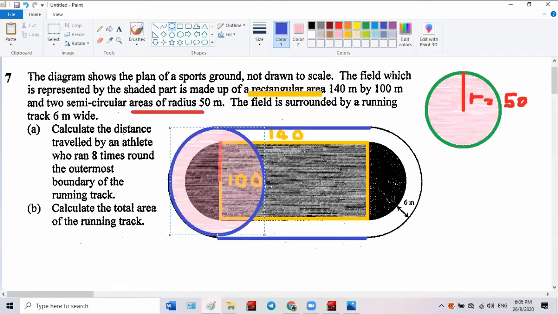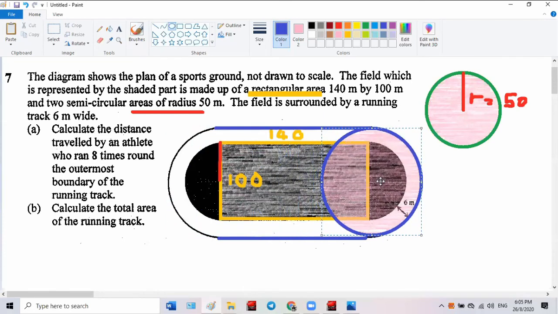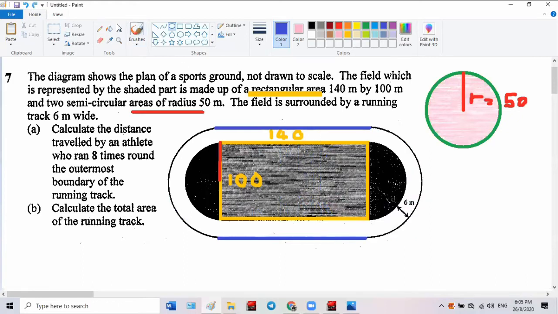Everywhere is 6 meters apart. I'm drawing using my mouse, so I try to turn nicely for you. If it's not nice, don't blame me.